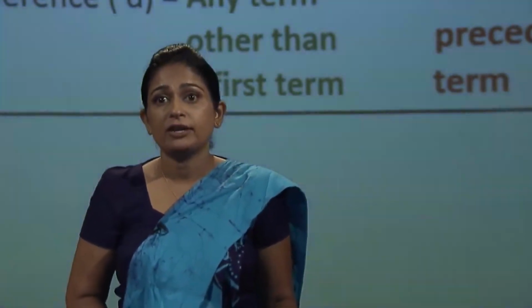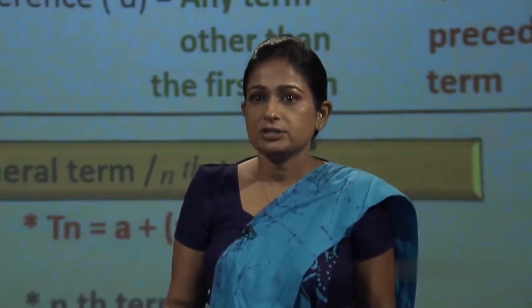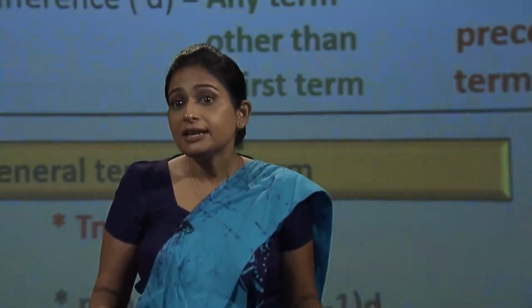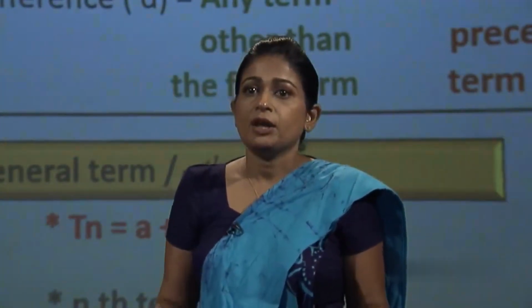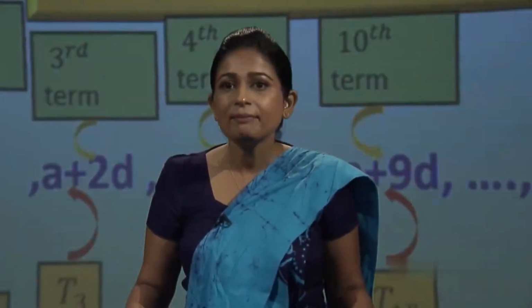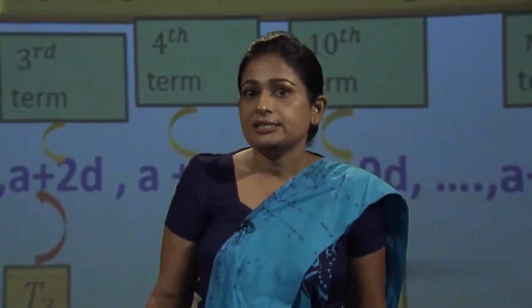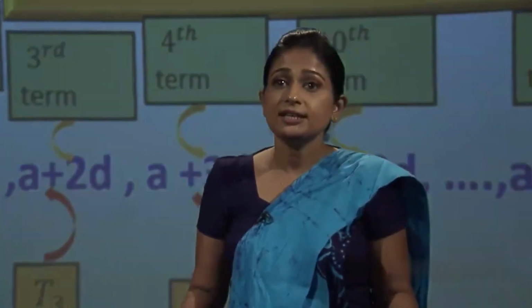Then we found the general term of the arithmetic progression. We can name it Tn, the term in the nth position, so we can also call it the nth term. Then we learned about the common arithmetic progression. I think you remember that: a is the first term, a plus d is the second term, a plus 2d is the third term.